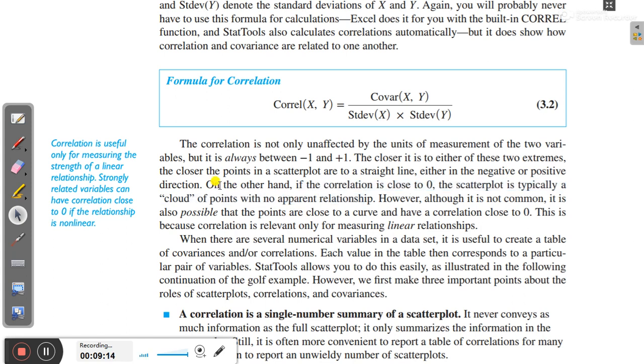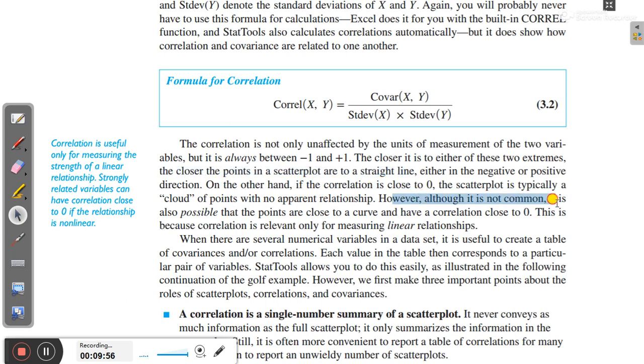It means that there will be no relationship among the points if the correlation value is 0. But if the correlation value is -1 or +1, we can say that those are following the trend line. Okay, it means the closer it is to either of these two extremes, the closer the points in a scatter plot are to a straight line. Okay, try to remember that.